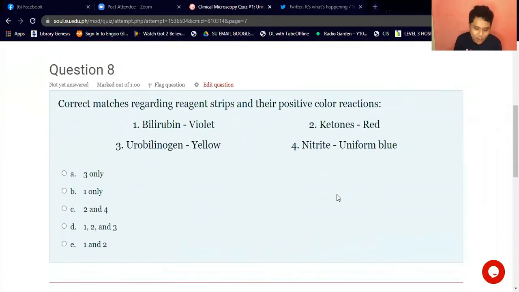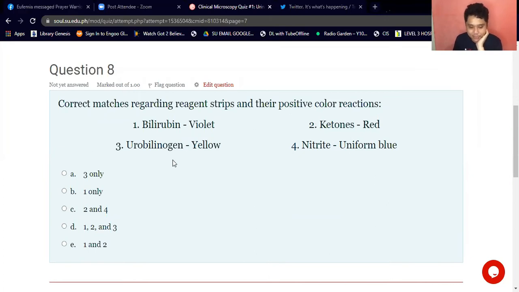Correct matches regarding reagent strips and their positive color reactions. Bilirubin, violet is positive? Yes, very good. Ketones, positive red? No, purple. It appears in your mnemonic, BKL: bilirubin, ketones, and leukocyte.